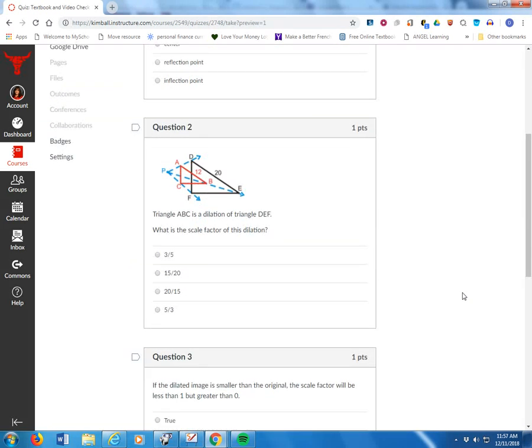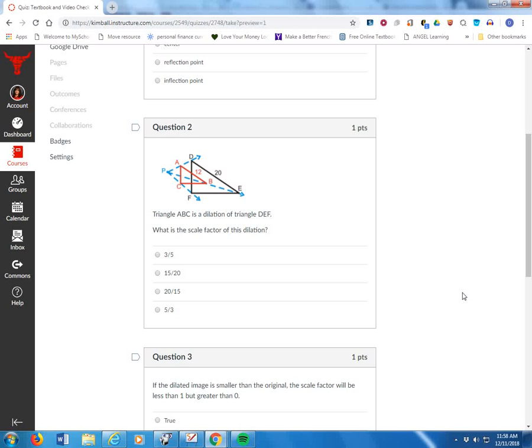Okay, so here's an example. Triangle ABC is a dilation of triangle DEF. So ABC is after. The black triangle is the original, and red is what happened after the dilation. So I'm looking at the scale factor, and I can use 20 and 12.